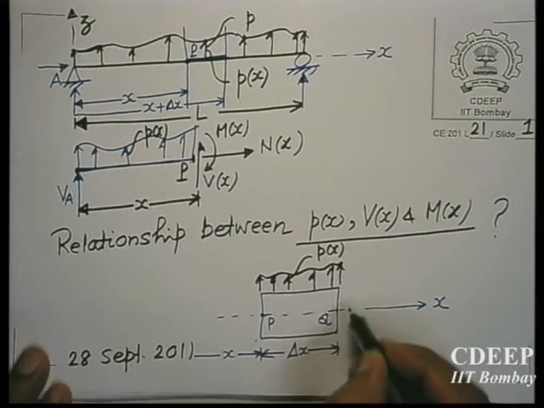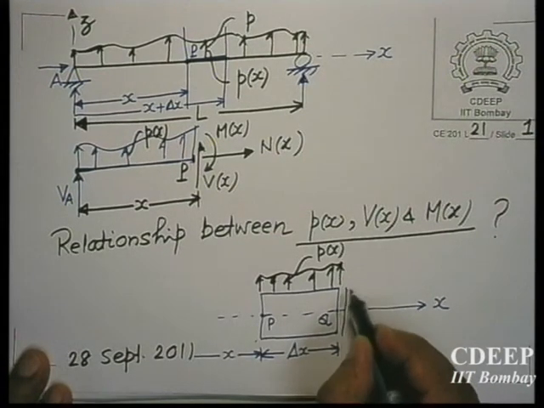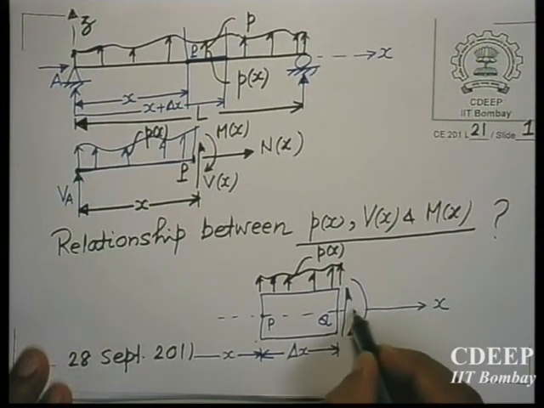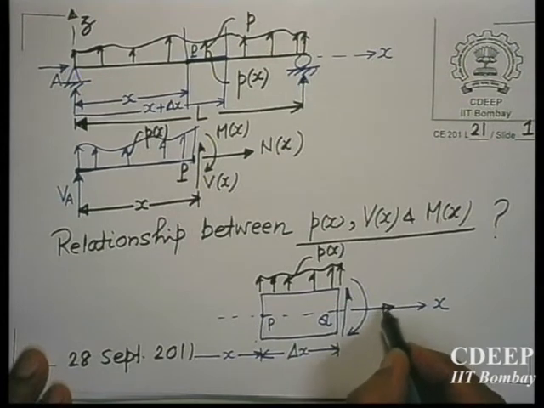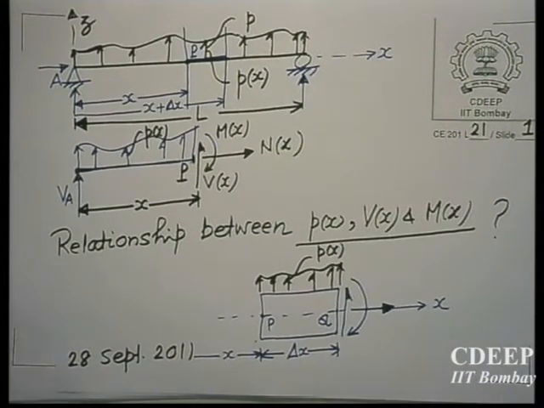Of course, at Q you have the shear force, you also have the bending moment, you also have the axial force. These positive values are shown in the positive direction. Now, on this face is negative.